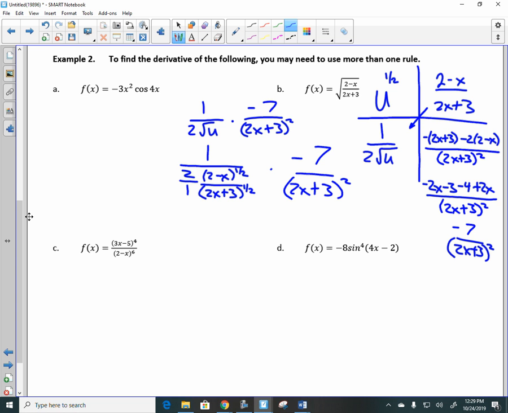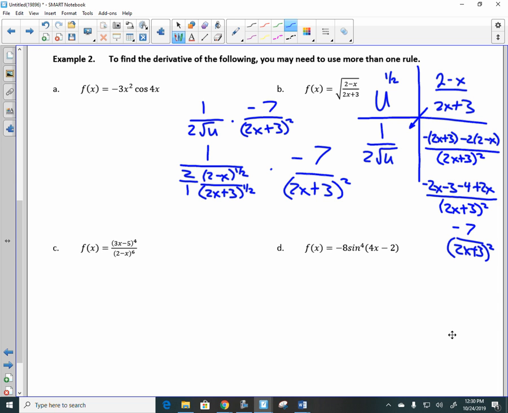So I've got this complex fraction piece, and it's a beast. It's 1 over 2 times 2 minus x to the 1 half, and then 2x plus 3 to the 1 half power. So what I'm going to do now is I have 1 divided by this. Instead of 1 divided by that, I could take 1 times the reciprocal. Agreed?